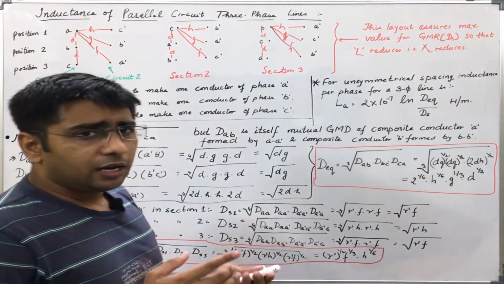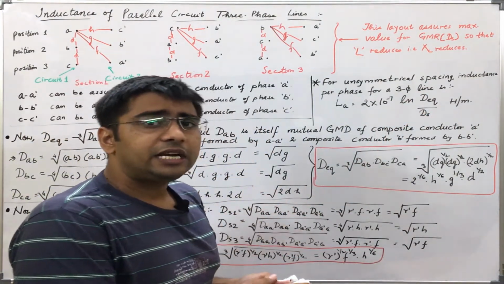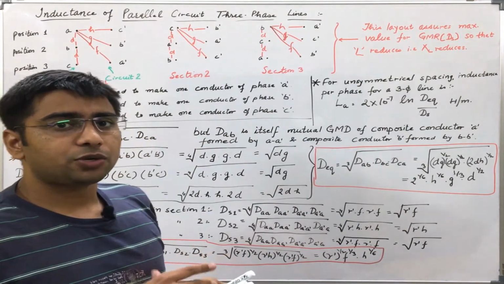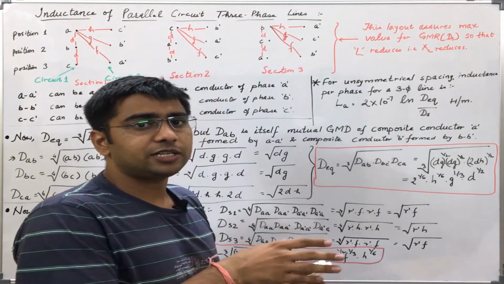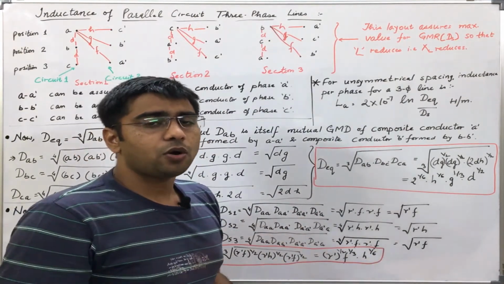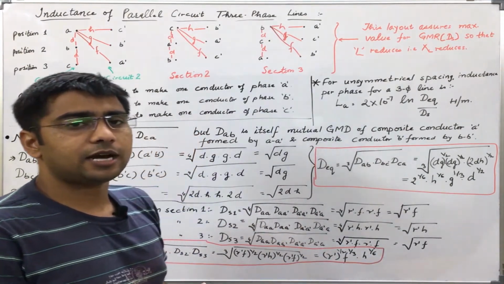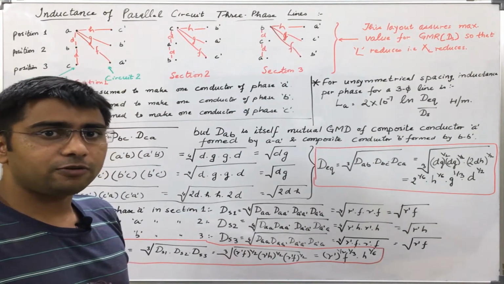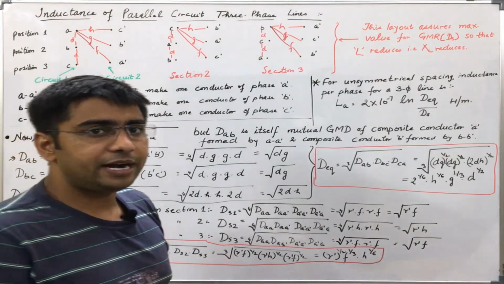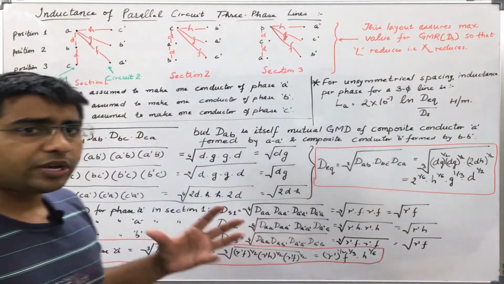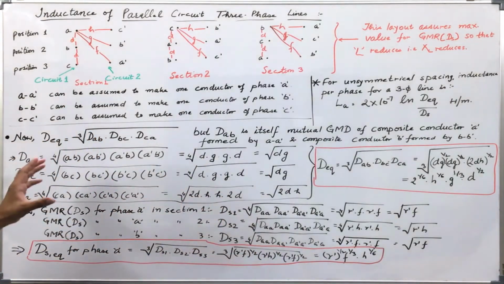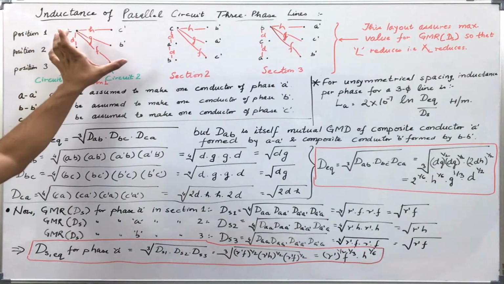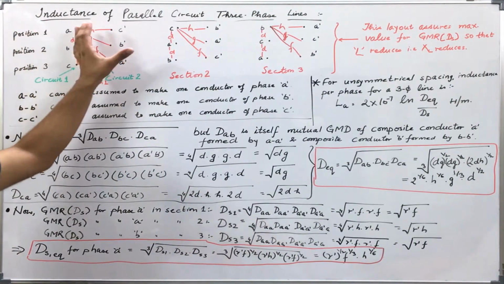So if I want to reduce the inductance, what should I do? Either I should reduce the GMD, that is the mutual geometric mean distance, or the self GMD, that is, I should increase the value of the geometrical mean radius. So to increase the value of GMR, I am trying to put the conductors of the same phase as far as possible.